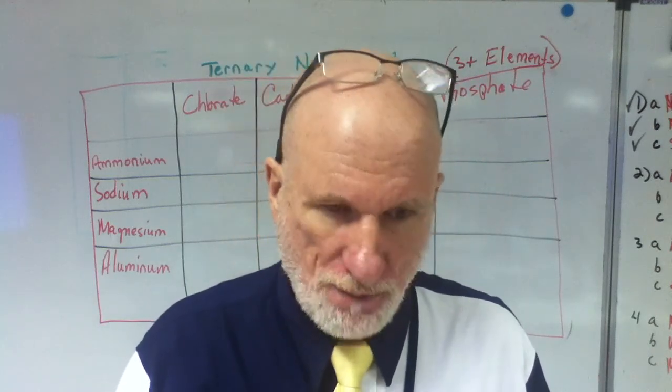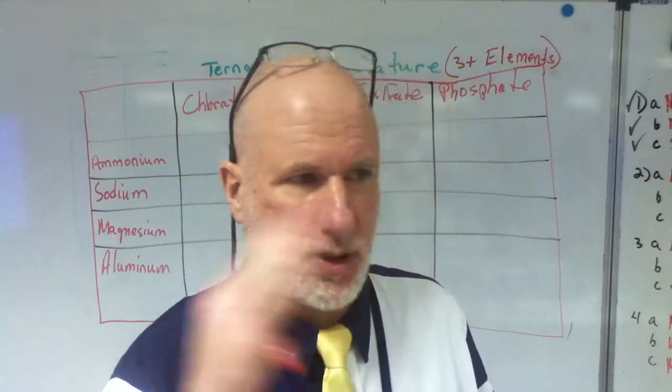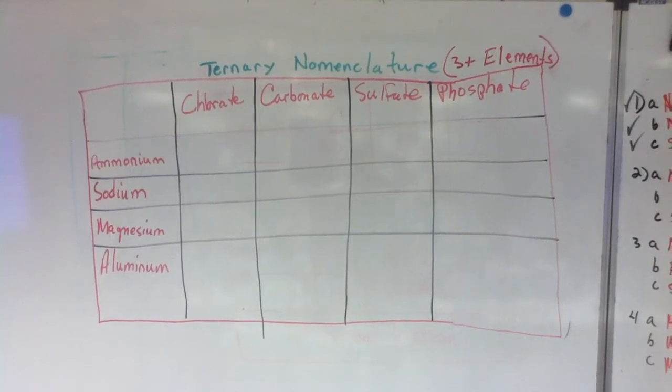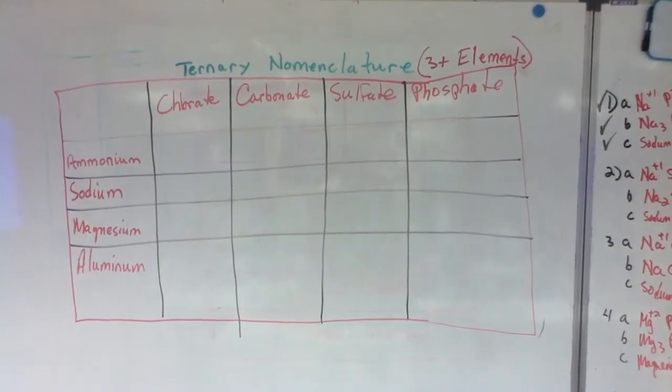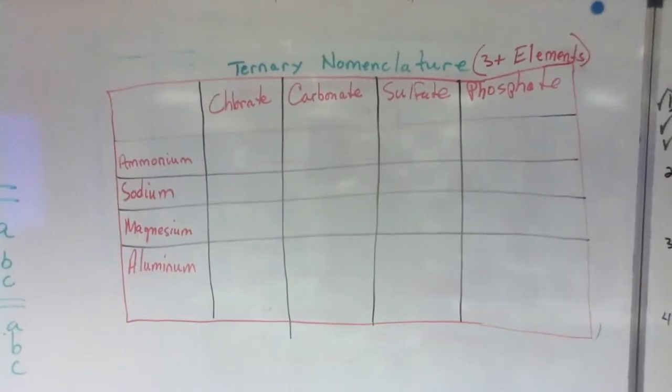Okay, so what is ternary nomenclature? I want to move the card over just for a second to give me room to write on at least one side. Okay, I think that is going to work like that.